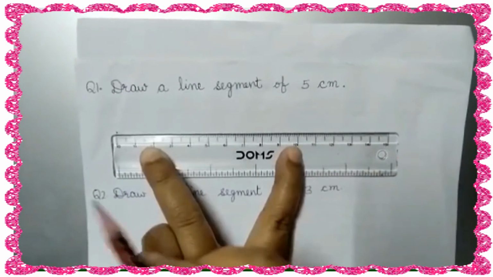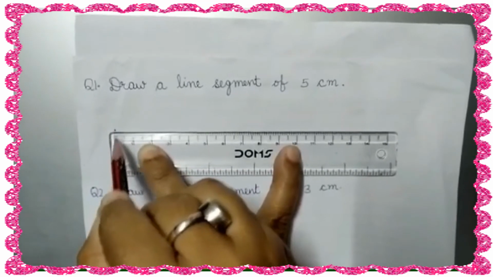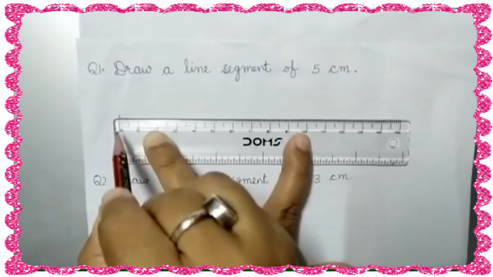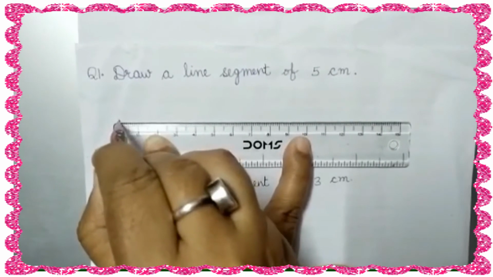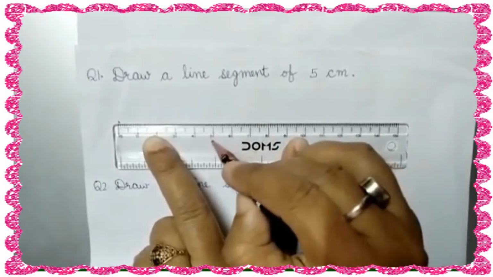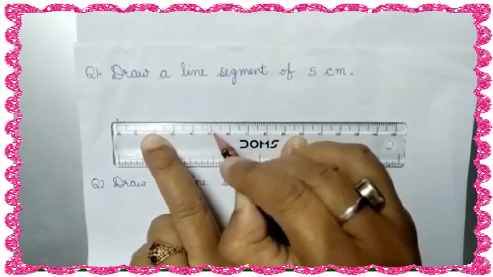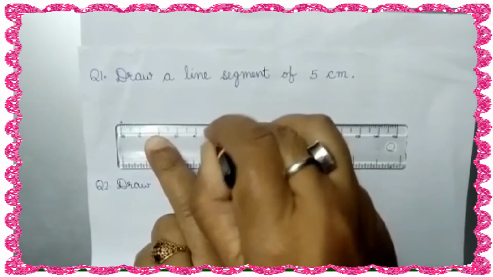Now we will put mark on 0. You can see 0 here. First marking on the scale. So we will put a mark here and another mark will be on number 5. You can see number 5 here. We will put mark here like this.